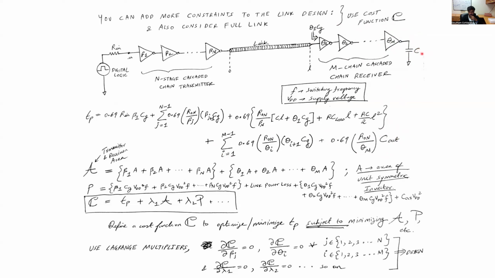It's written as C here. It's a mistake. It's C out, which is the output capacitance of the digital logic in chip 2.